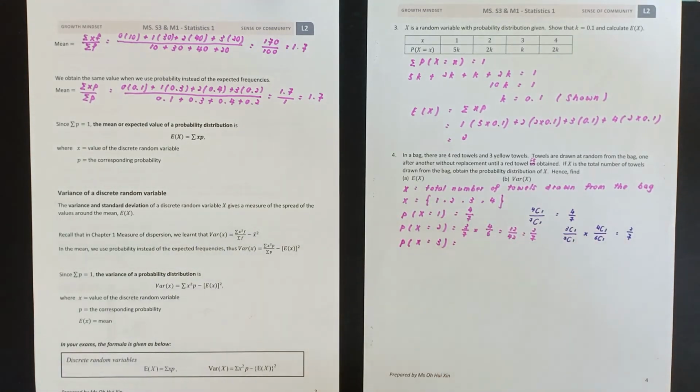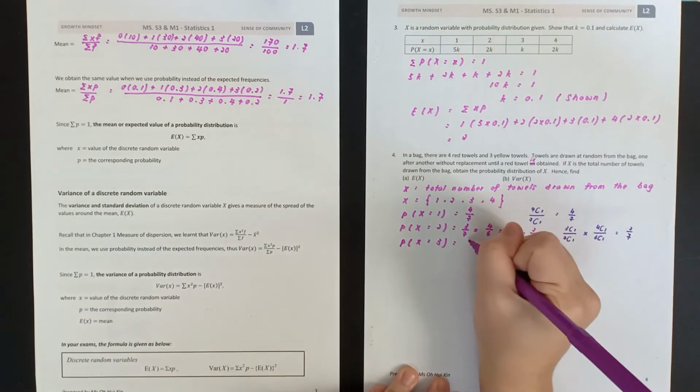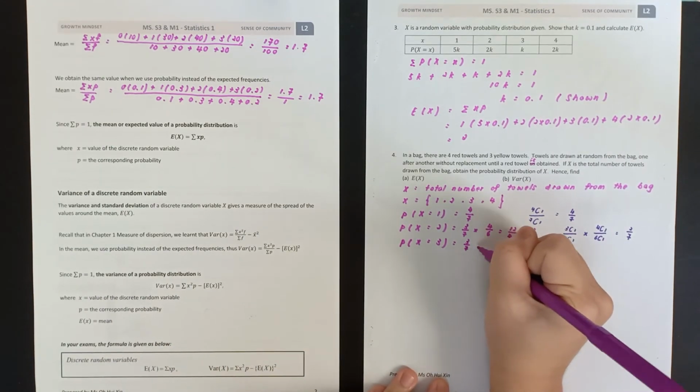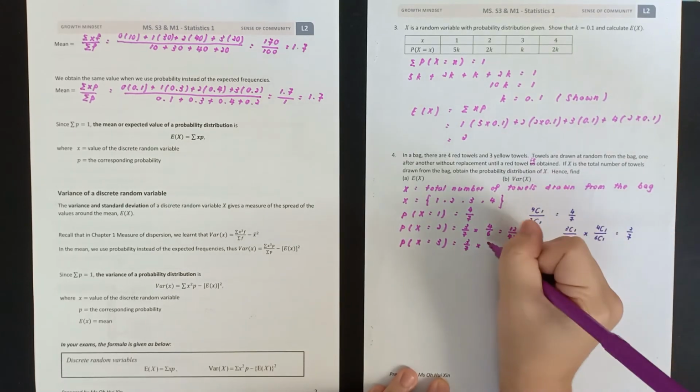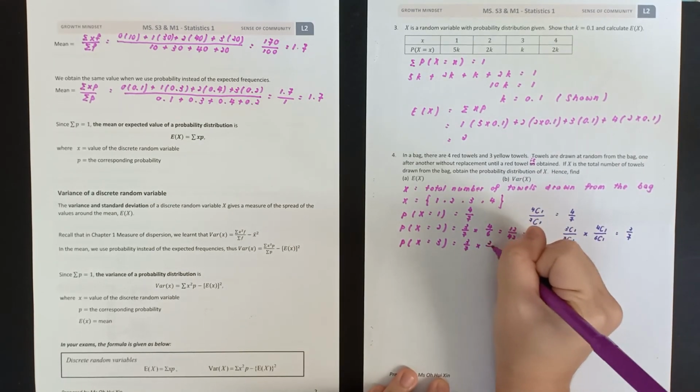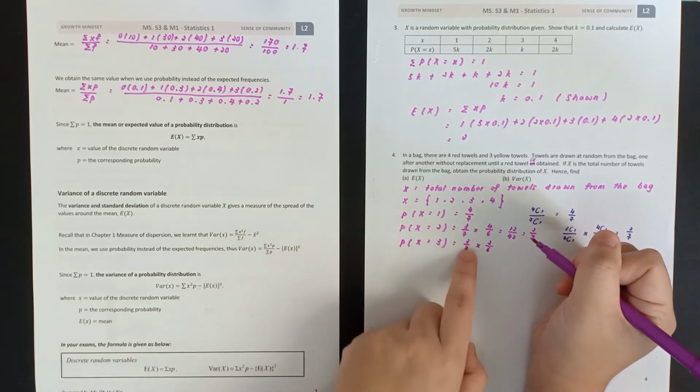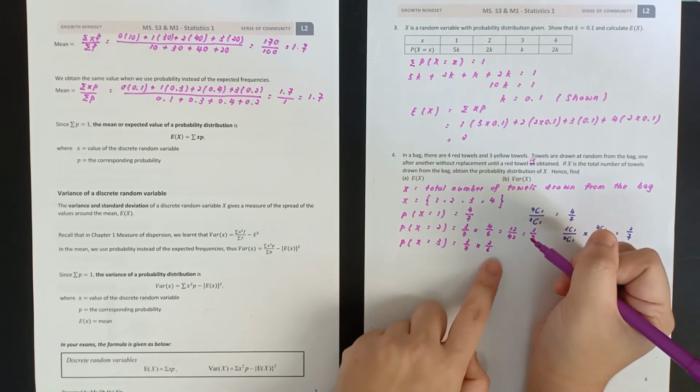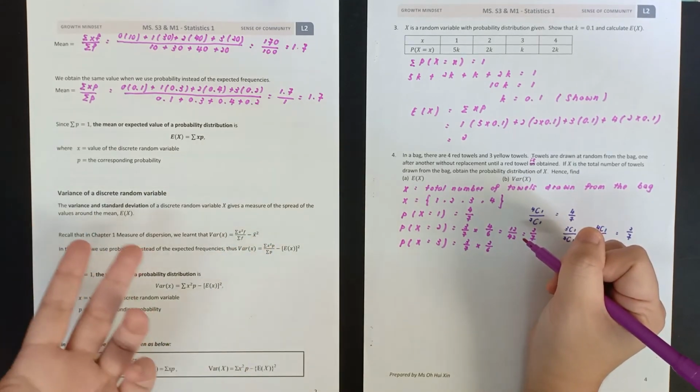Okay, so what happens for this one? You must get the first one yellow, the second one also yellow, then only by doing that you can continue for the third time. So the first one I get is 3/7. I times the second time, I will get 2 out of 6. I already picked 1 yellow the first time, so I am left with 2 yellow and my total becomes 6 now.